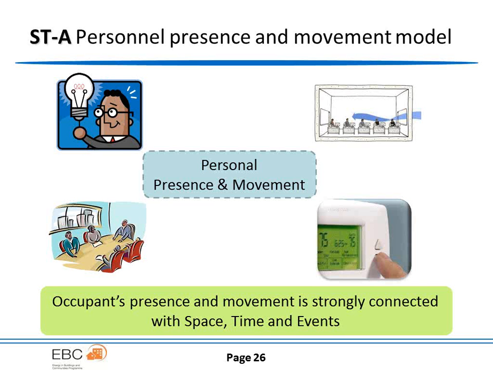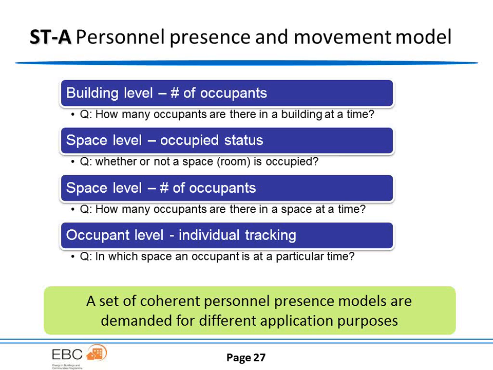Sometimes you look at how many people are in the space, like demand control ventilation, which determines how much outside air you need to provide. And the most detailed level is, of course, an individual. At a particular time, where you are matters, because you behave differently. You may go to a conference room and bring your computer, so there's certain energy consumption really tied to an individual and where you are. So that is the detailed level.